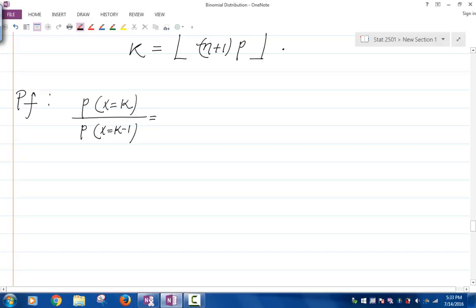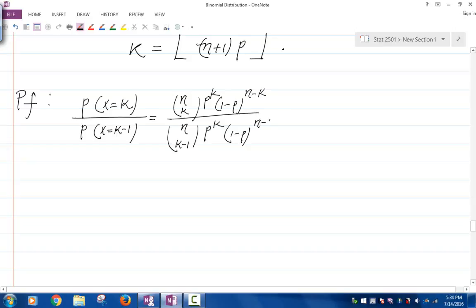Now this is going to be equal to, well, we have the PMF for x, so from the PMF we know that this is n choose k, p to the k, 1 minus p to the n minus k, and we know this is n choose k minus 1, p to the k minus 1, and 1 minus p to the n minus k plus 1.